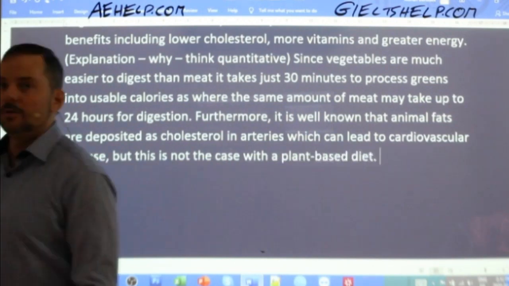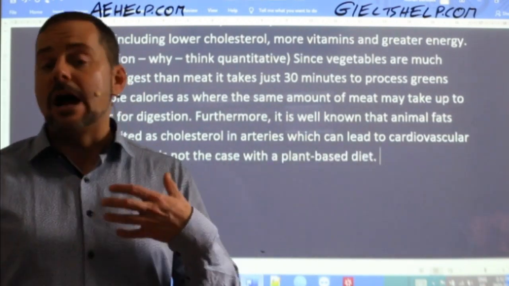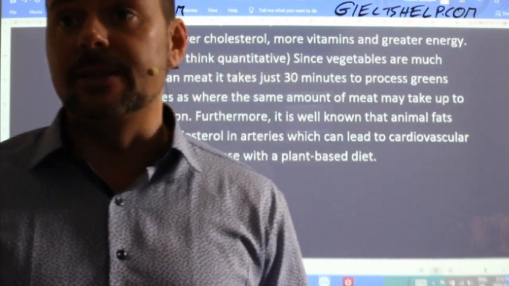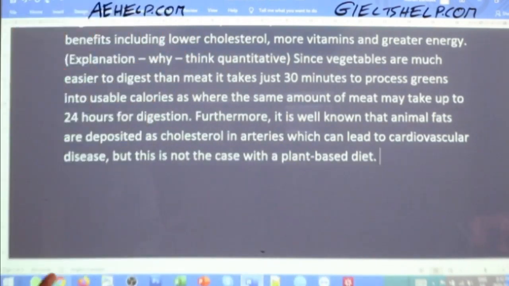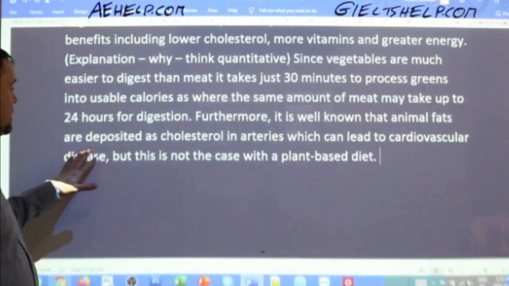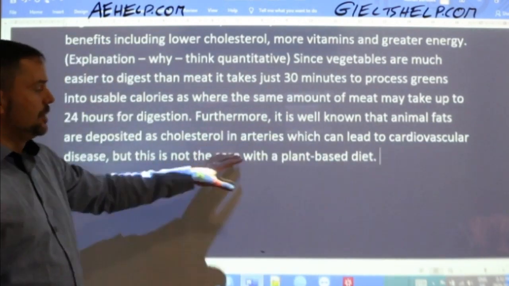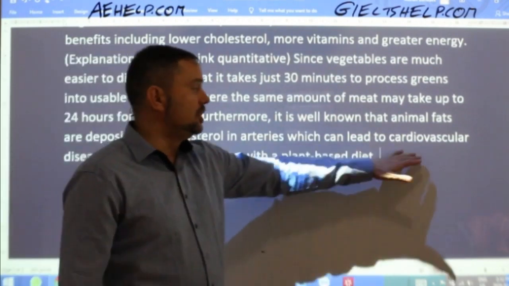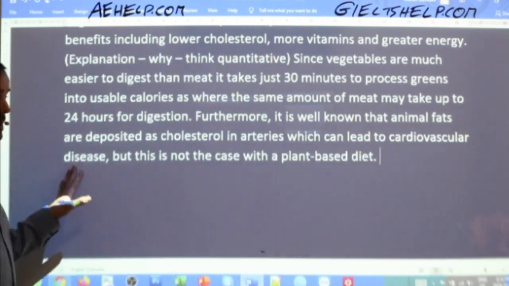Okay, so now it depends on how fast you are, your vocabulary, how much more you want to write in the explanation, but definitely we can write a lot more. So furthermore, it is well known that animal fats are deposited as cholesterol in the arteries, which is not exactly true, but that's okay, which can lead to cardiovascular disease, means heart disease.